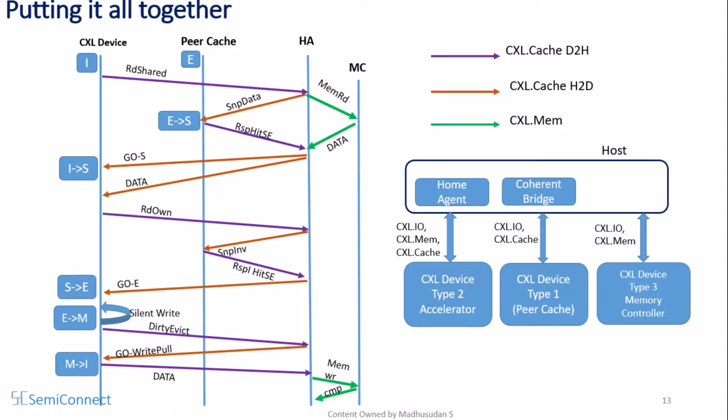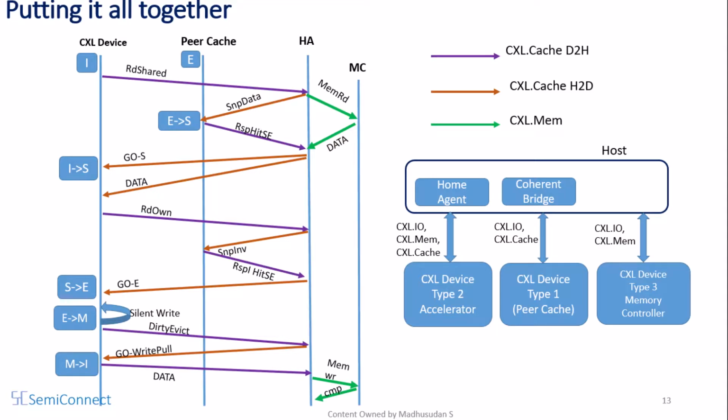In the meantime, the home agent also, because this is unmodified data, reads that data from the main memory and then gives the data to the CXL device. But before it gives the data, it gives what is called GO-S. GO, as I told you, is the global observation. So it is the point of coherency.